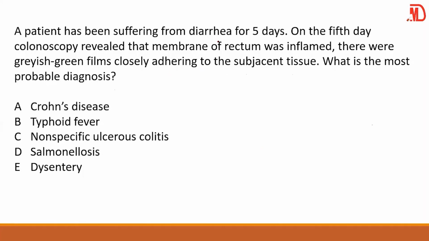A patient has been suffering from diarrhea for 5 days. On the 5th day, colonoscopy revealed the membrane of the rectum was inflamed. There were grayish green films. Can you remember what we just did? Yes. So you are definitely thinking of dysenteric colitis, or dysentery.